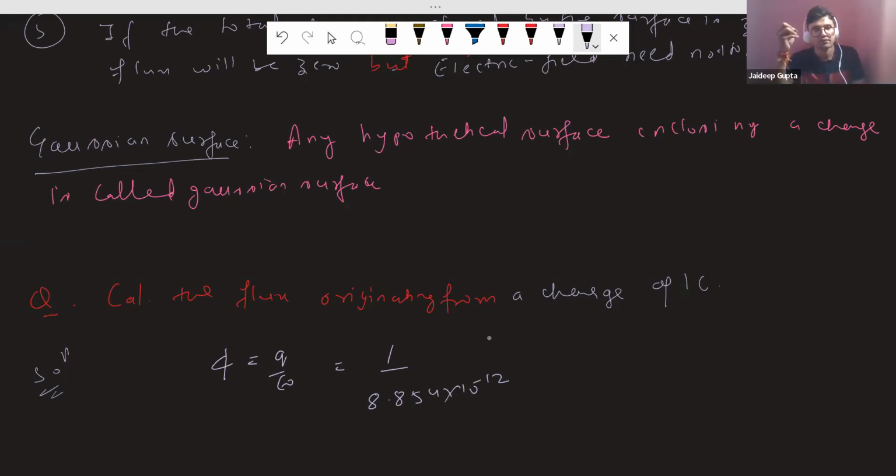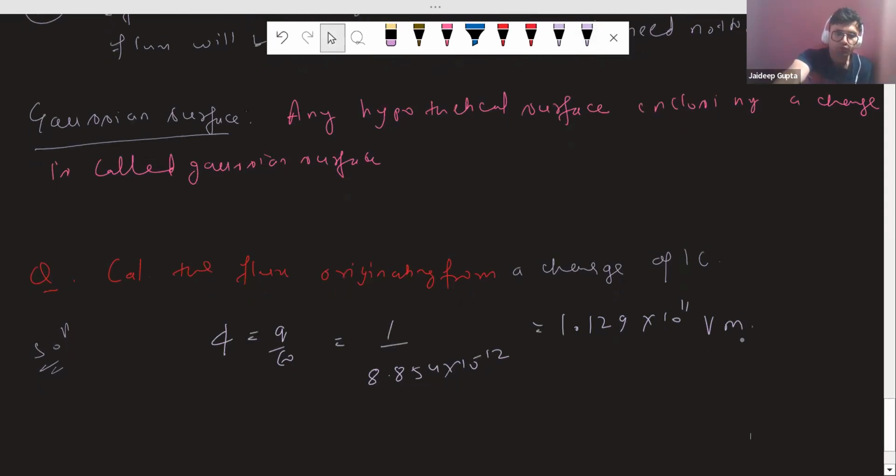We did not discuss electric field lines properties. In the next class, we will discuss the electric field lines properties first. Now, if you solve it, you will get 1.129 times 10 raised to power 11, volt meter.